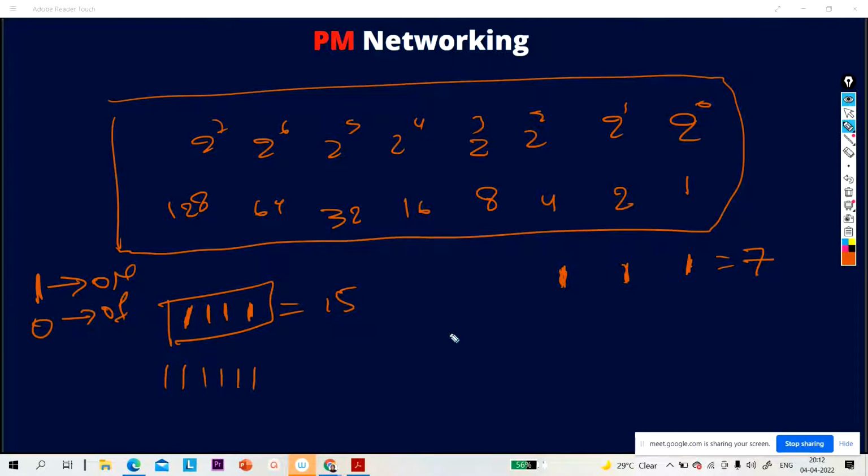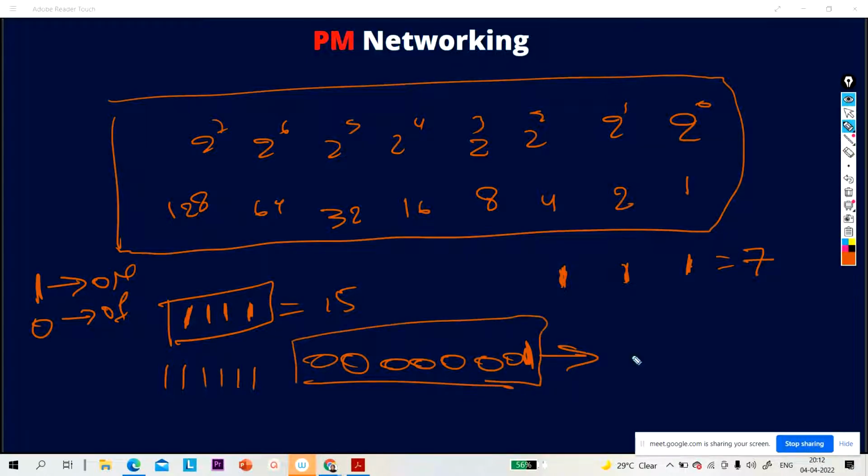So if I am writing like this 1, that means 7 bits are off. So what will be the decimal value of this binary number? 1, right?